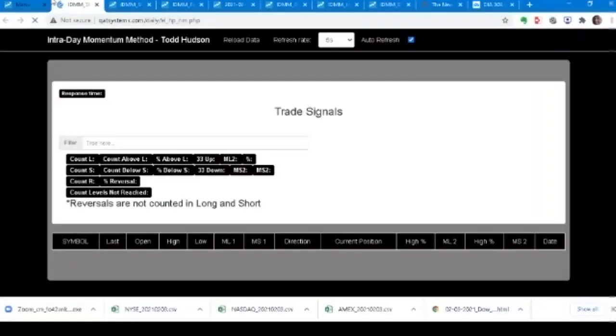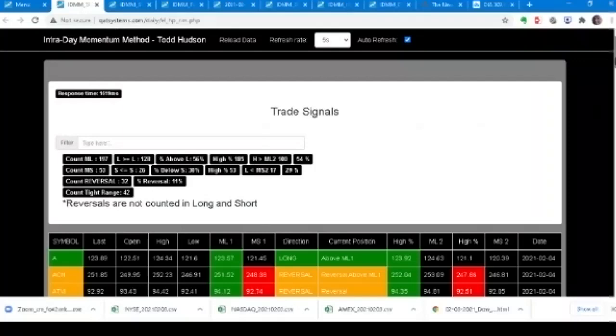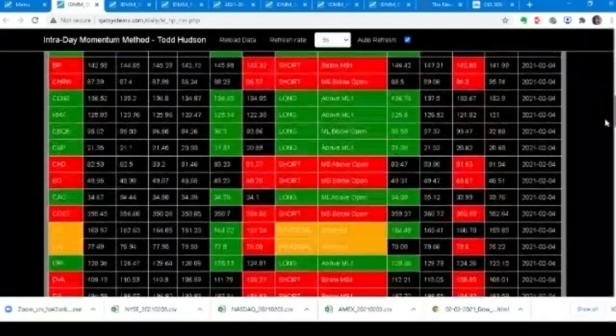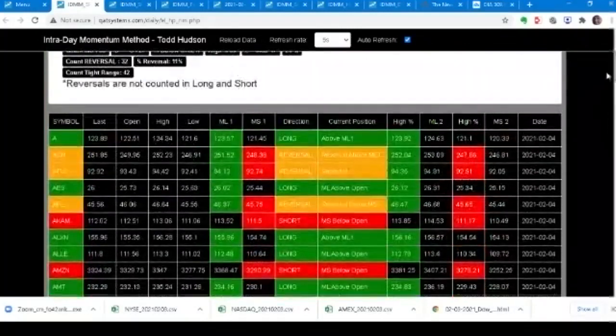And we actually have a page of the stocks that have not reached the ML2 currently during the trading day.